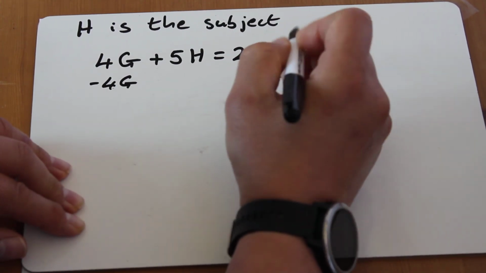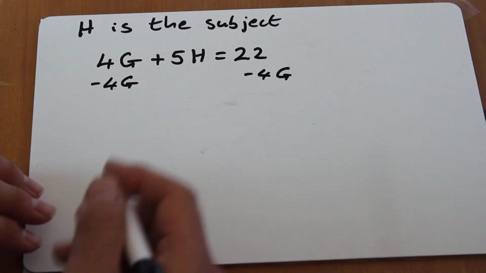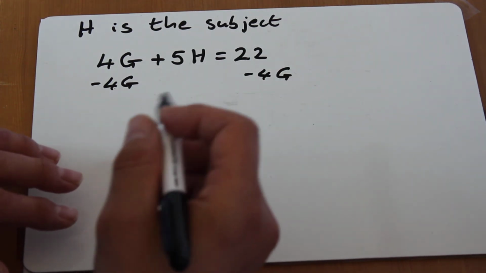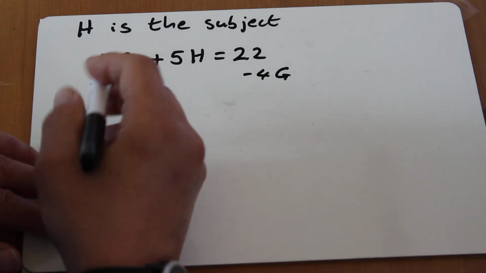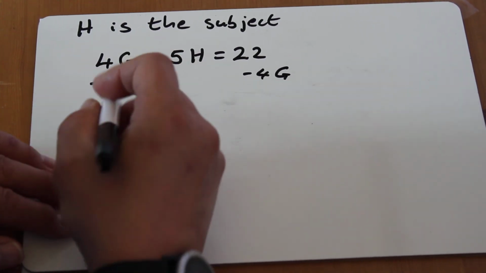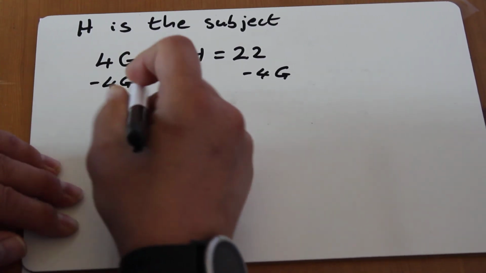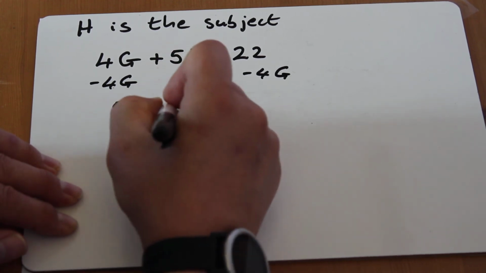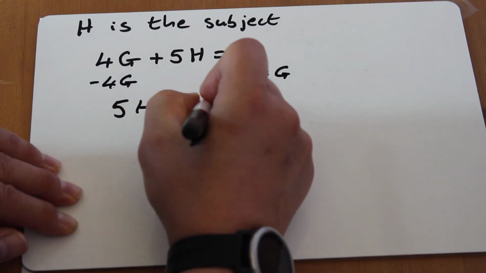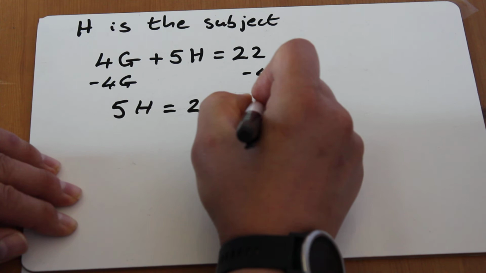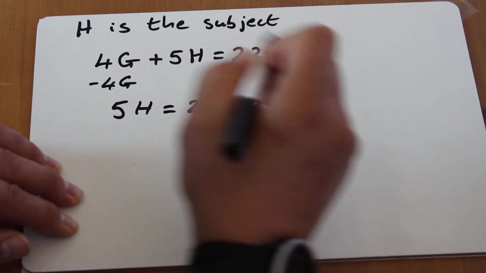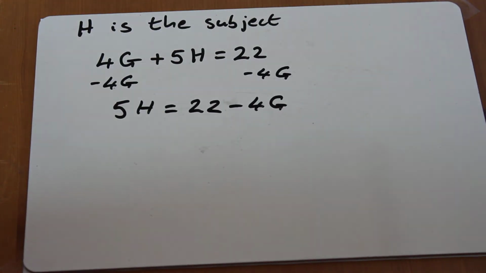So again, this is exactly the same method as you've been taught for solving equations. That means these cancel out with each other. So I'm now left with 5h is equal to 22 minus 4g. Okay?